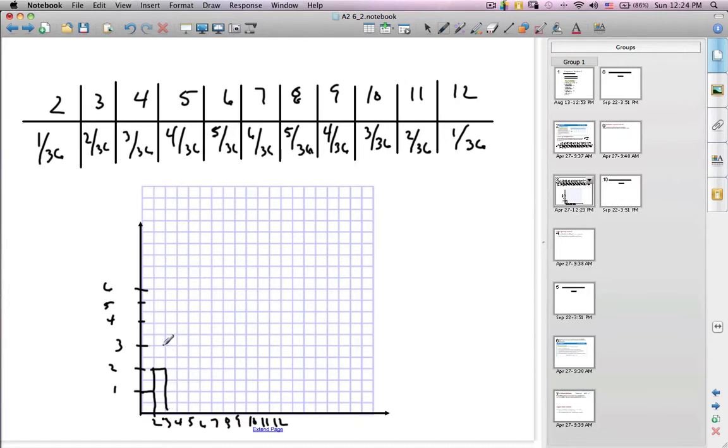And the 4 was 3 in 36. And the 5 was 4 in 36. 6 was 5 in 36. And then the 7 was 6 in 36.